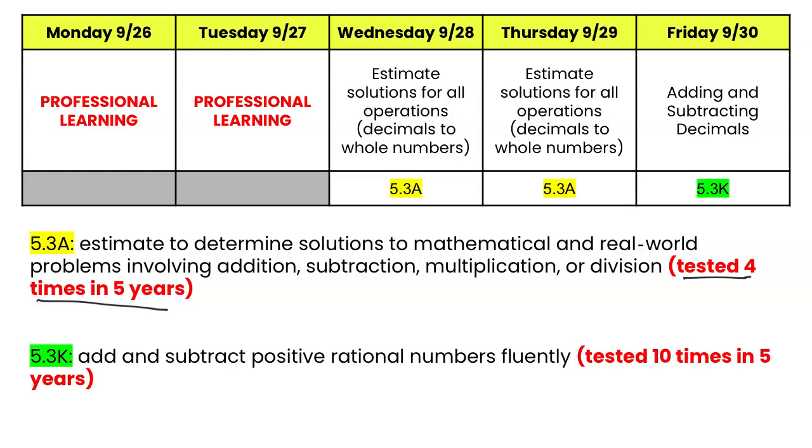So we're hoping that the work that you do on Wednesday and Thursday will help support the work that you'll be doing Friday and then the following Monday when students are adding and subtracting decimals.